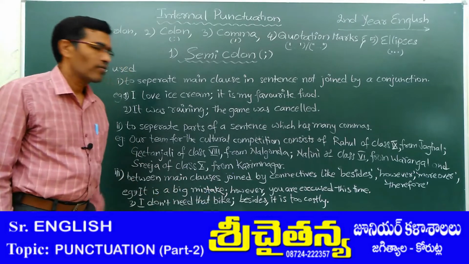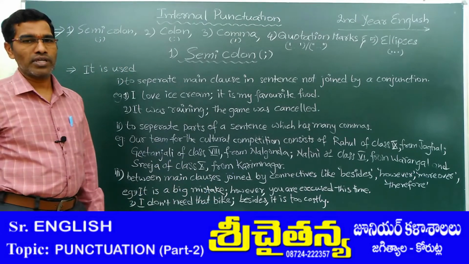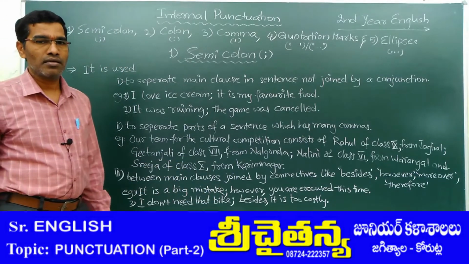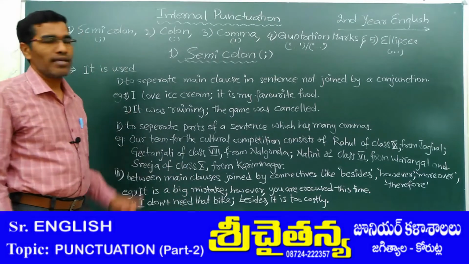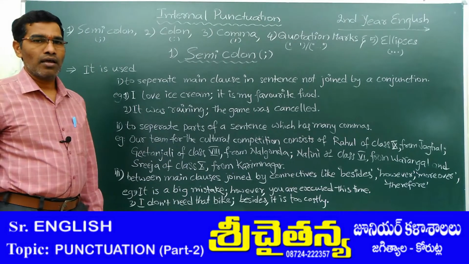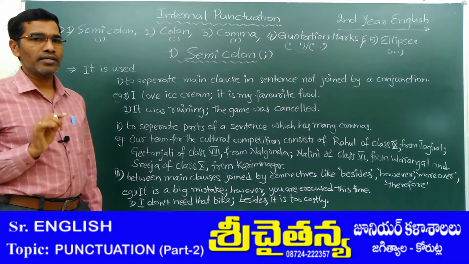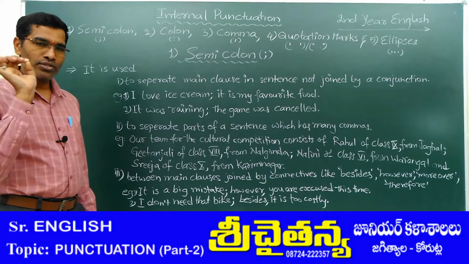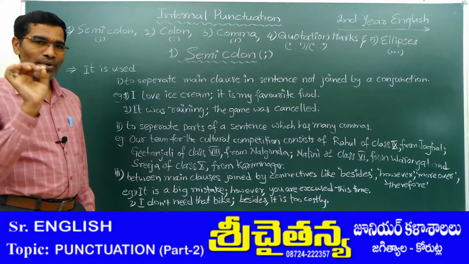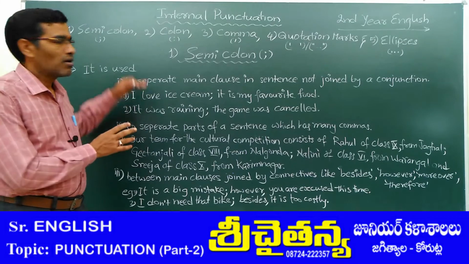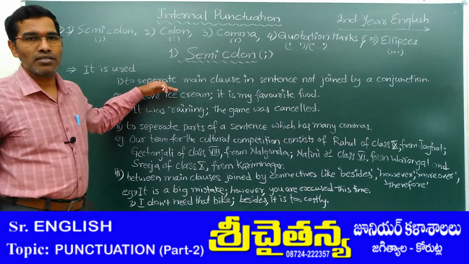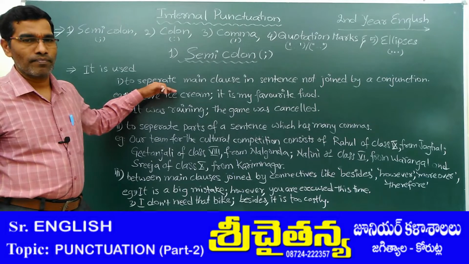Before that, we separate the two main clauses using a semicolon. Keep in your mind that the semicolon is used to separate two main clauses, according to the first use.